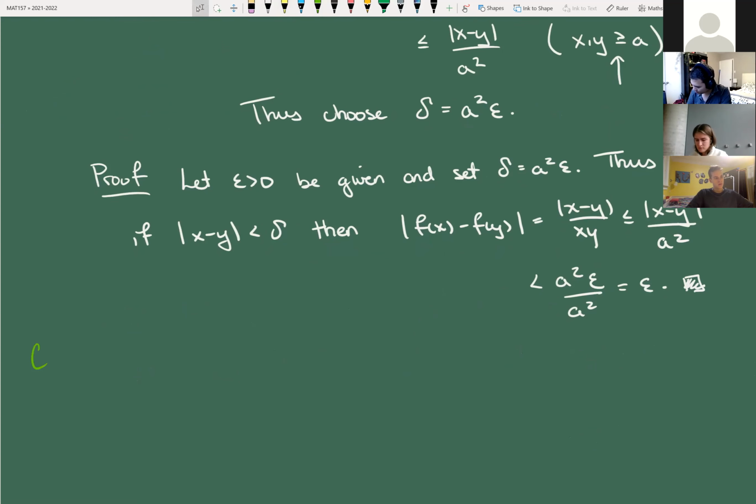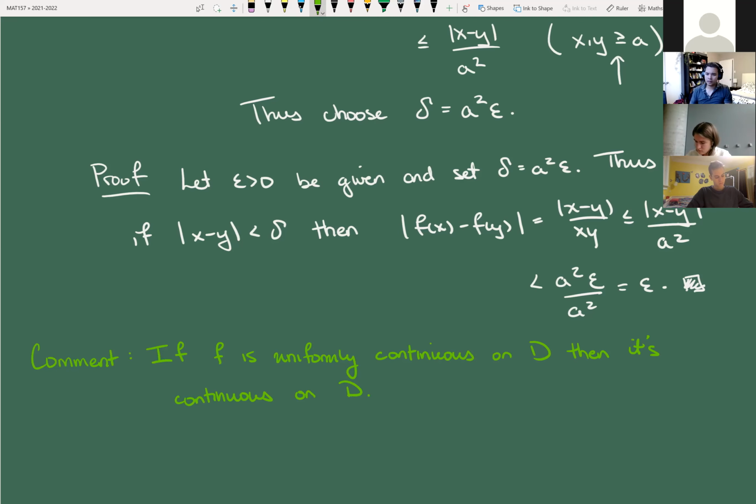So comment, if f, and there's nothing to prove here, is uniformly continuous, then it's continuous. Right? I don't think I need to explain that one, but if you want me to, you can.